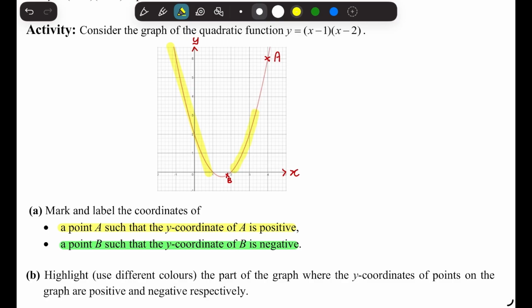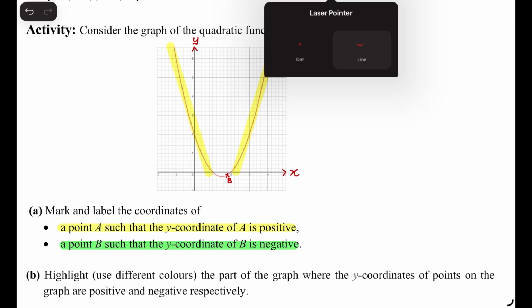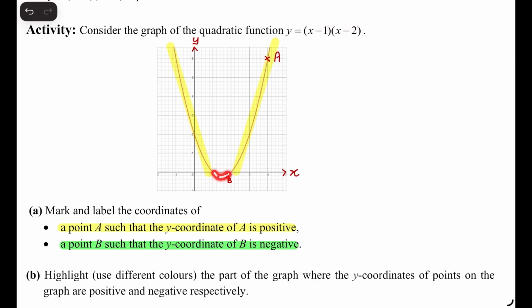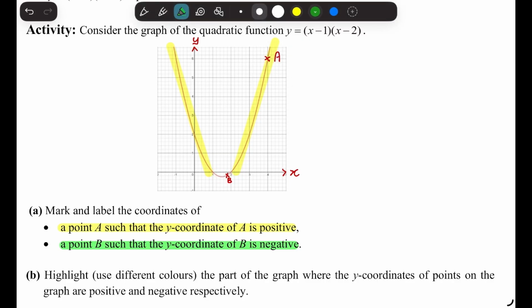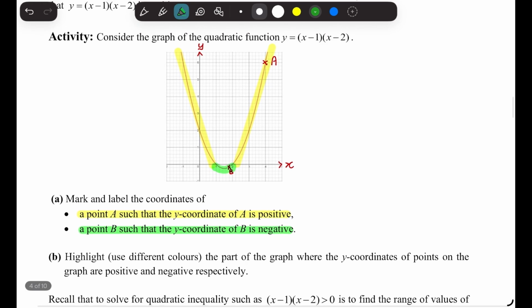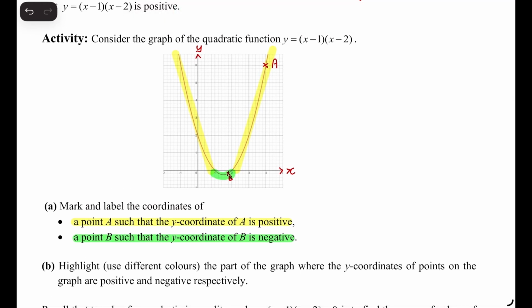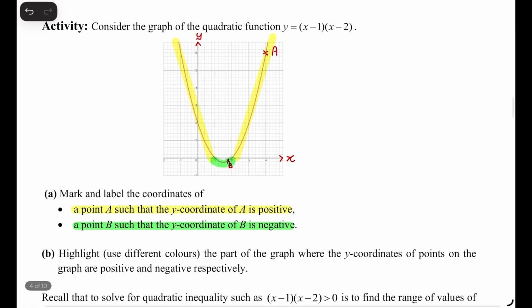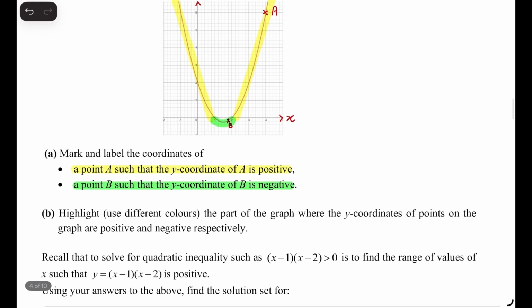Likewise, for the bottom part of the graph, using a highlighter, the y-coordinate is negative. So this simple activity shows which parts of the graph have a positive y-coordinate and which parts have a negative y-coordinate.